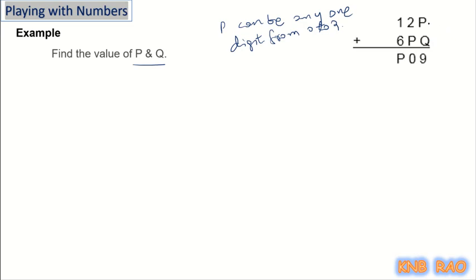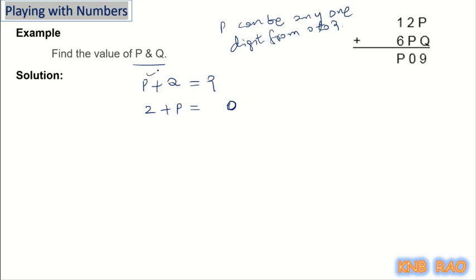Now, here, how we will solve this? Let us look for P plus Q is equal to 9, right? That means it is giving a number ending with 9. Similarly, I have 2 plus P giving you a number ending with 0. It can be 10 or 20 or anything.